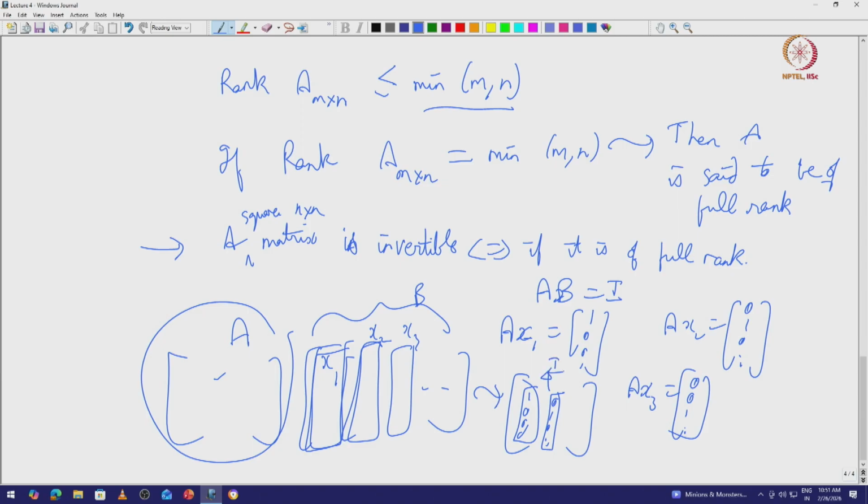So invertibility of a matrix is simply the ability to solve a particular set of linear systems of equations. So if you bring this to the row reduced echelon form, if it is of full rank, then what will the row reduced echelon form look like? It will be precisely the identity matrix.